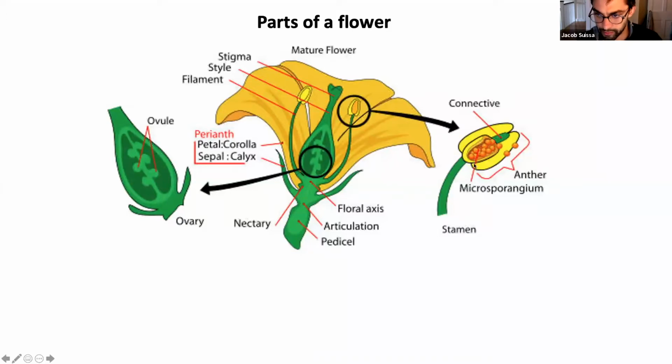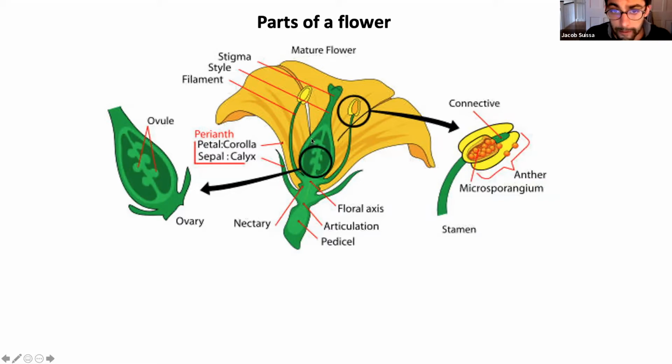You can see the microsporangia in here, and through meiosis you'll develop microspores, and then they will divide to produce microgametophytes within the spore wall, and those are pollen grains, essentially. The other part of the stamen is the filament, which is the portion that holds up the anther, allowing the anther to stick out above the flower.